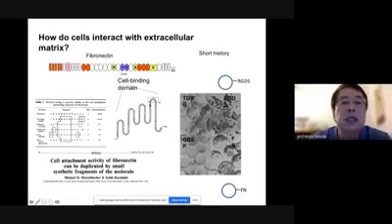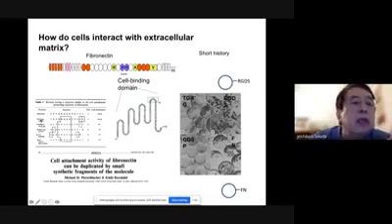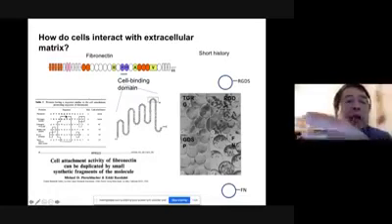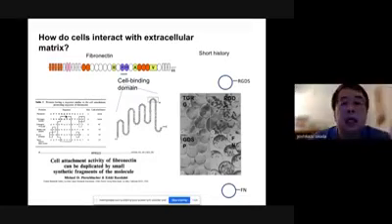Interestingly, they found that this RGD motif is present in many extracellular matrix proteins, including fibronectin, fibrinogen, vitronectin, and so forth. RGD is conserved and distributed in many ECM proteins. That was a very important finding in 1984-85.